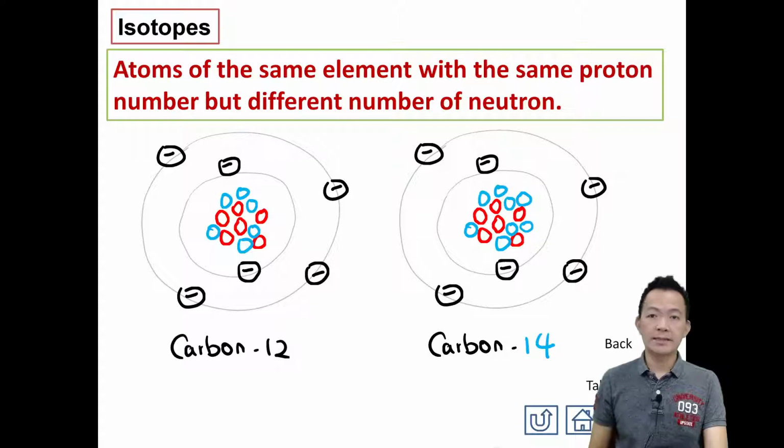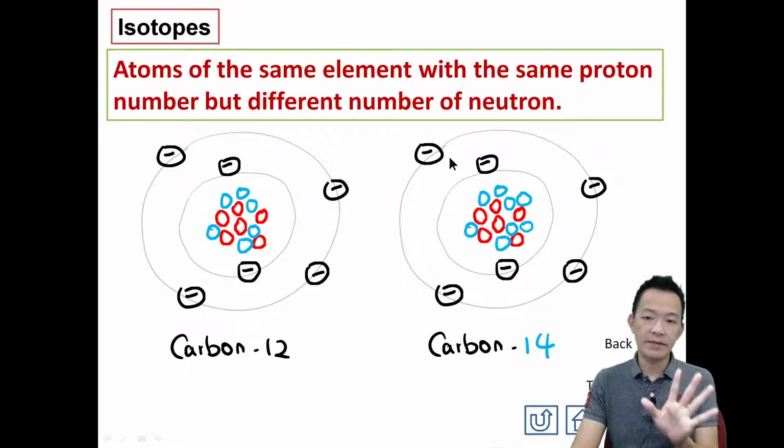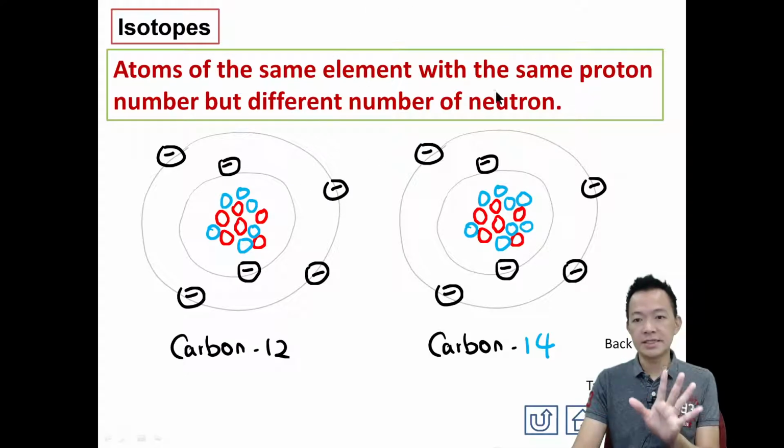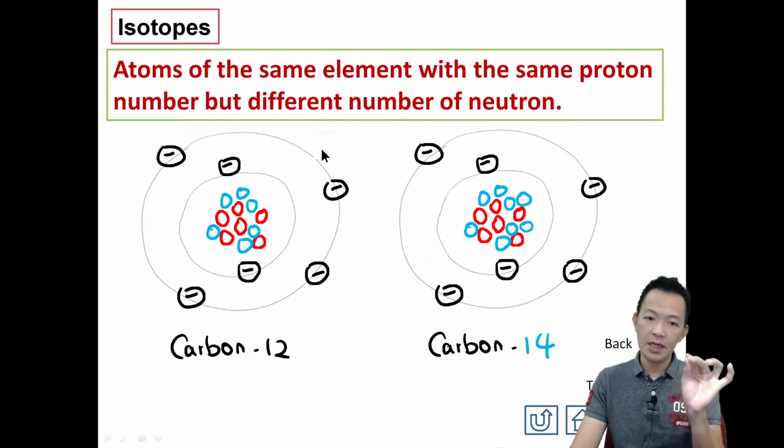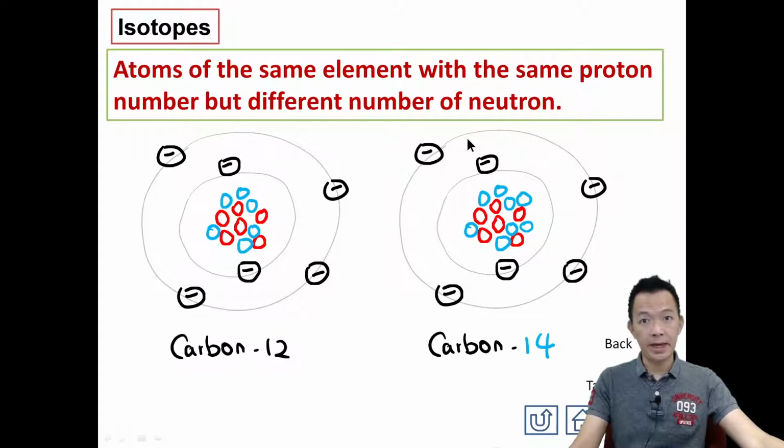So because of the same number of protons and electrons, carbon 12 and carbon 14 have the same chemical properties. If carbon 12 explodes, carbon 14 also explodes, because electrons affect the chemical properties.